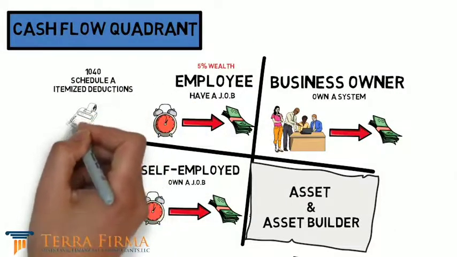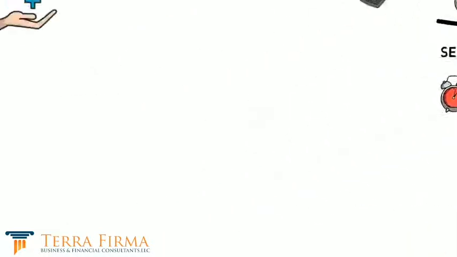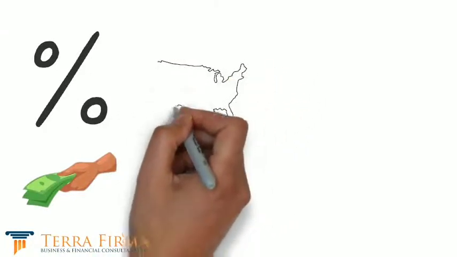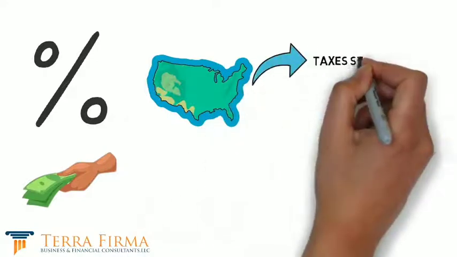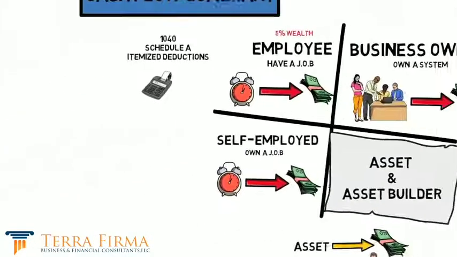Well, medical bills, if they're a certain percentage of your adjusted gross income, your AGI. Your mortgage interest, charitable deductions or charitable contributions. If you have state and local taxes, you're able to deduct those from your taxes.